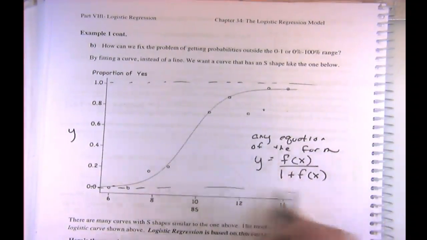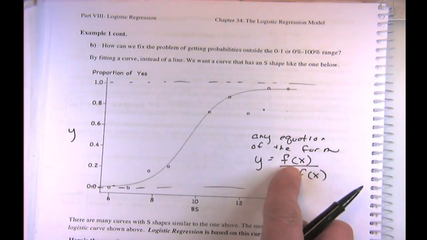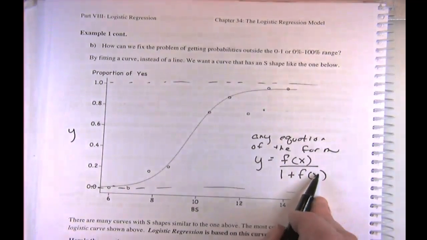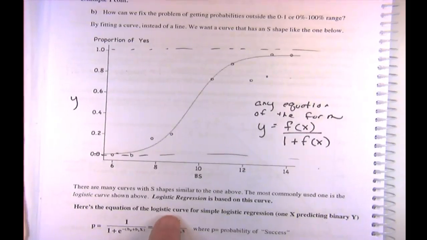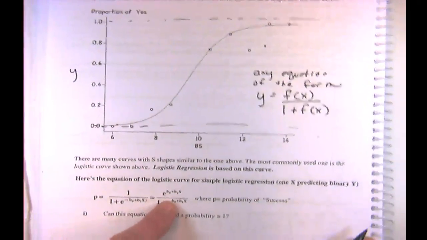Because f of x can't be negative, you can see that's always going to be between 0 and 1, because the numerator is always smaller than the denominator.